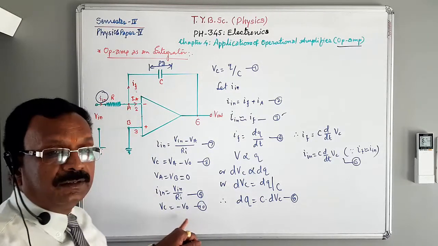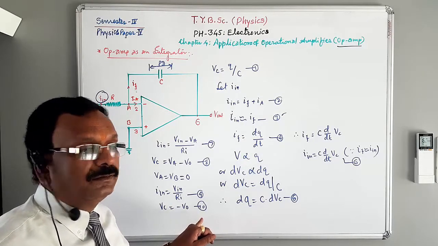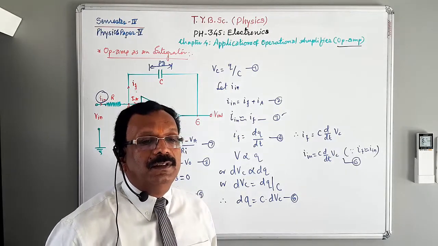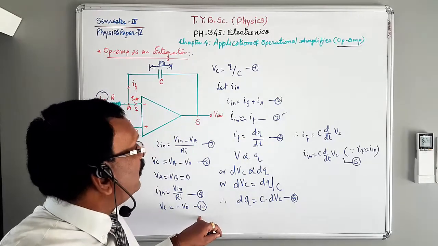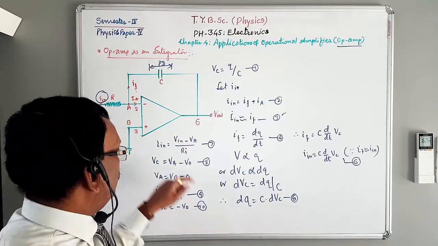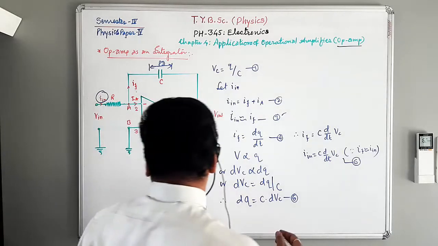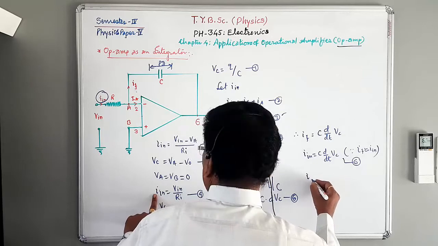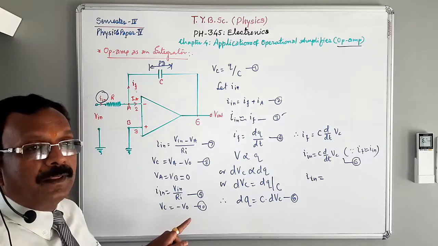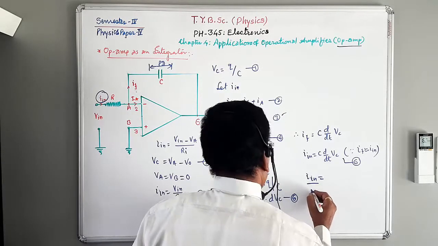Now by using equation 9 and 10, equation 7 becomes: IIN is equal to, what is IIN?